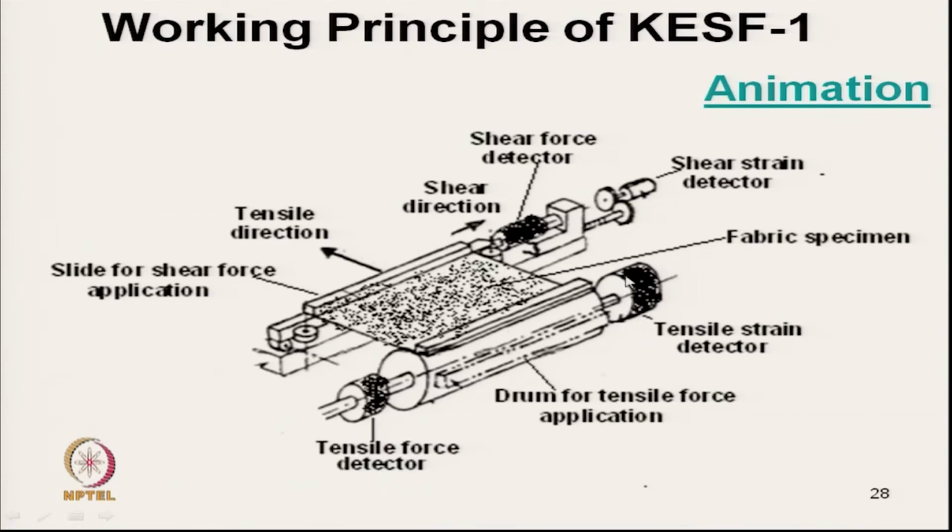This strain detector measures the angle of rotation. From this angle of rotation, if we know the diameter of the drum, we can convert it to how much extension is applied.